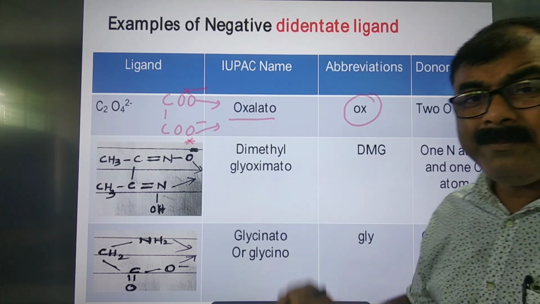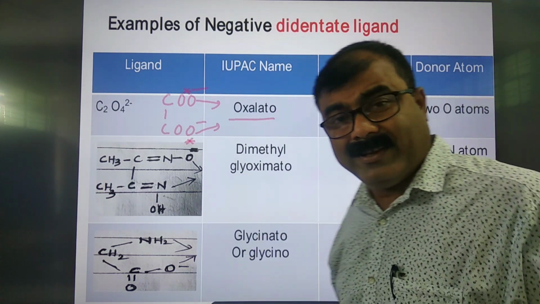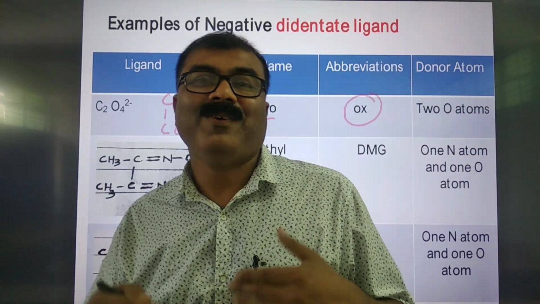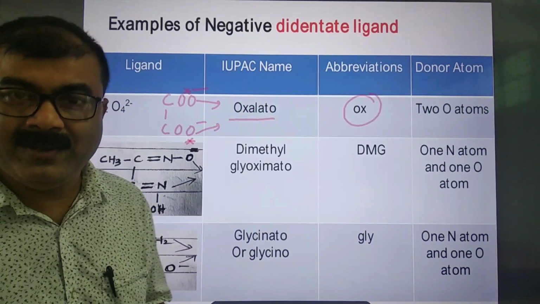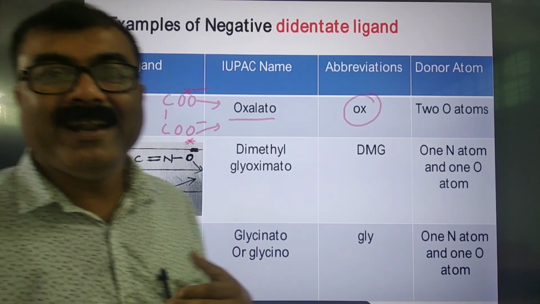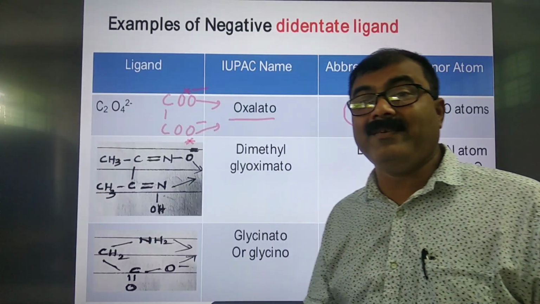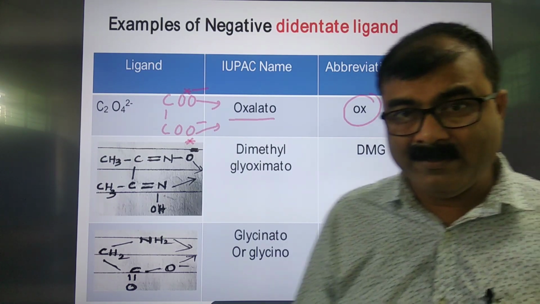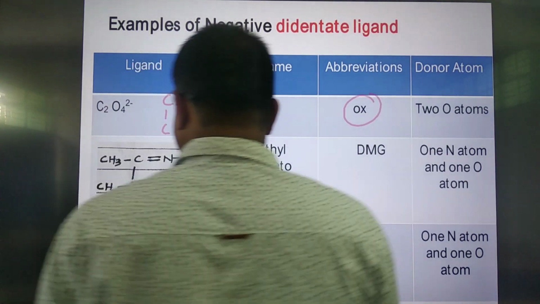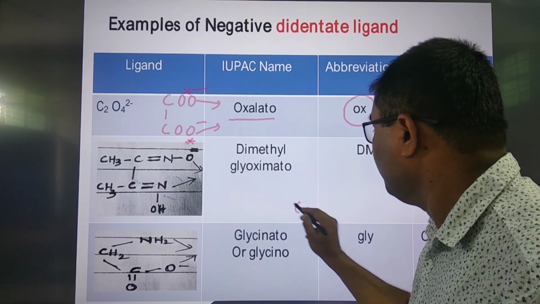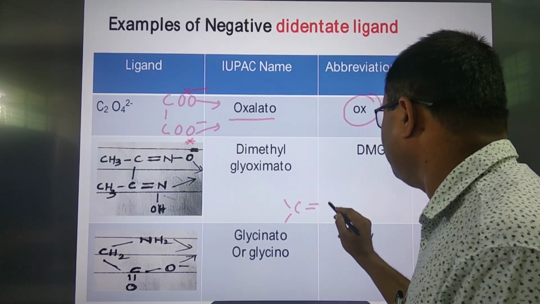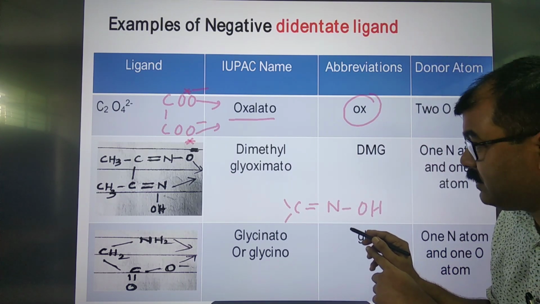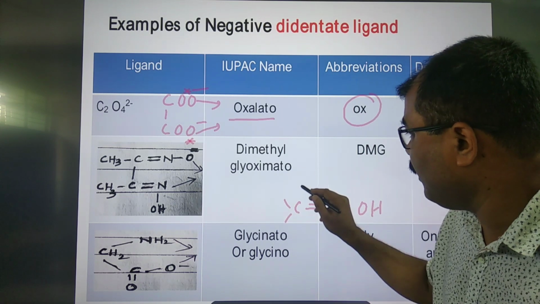So where is the name oxime derived from? Oximes are a type of nitrogen-containing organic compound, derived from a nitrogen derivative called hydroxylamine. In organic chemistry you learn this. So oxime is basically this structure.